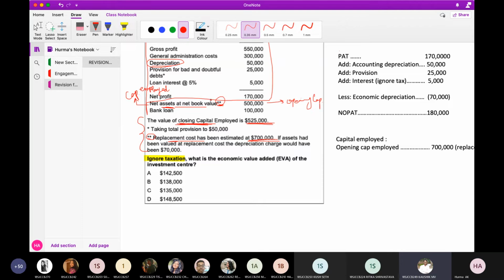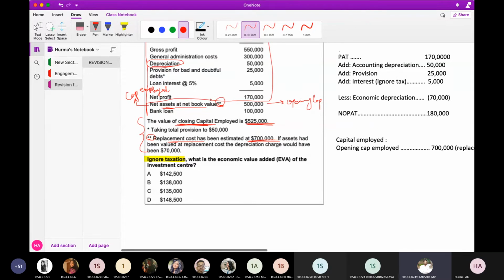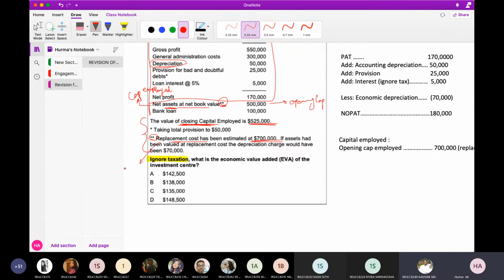But when you sell them off, the replacement cost, the value that you would gain in the market, would be 7 lakhs. Correct. So we'll consider 7 lakhs because that's the actual value that benefits your organization. Exactly. Replacement cost is also called fair value. They might say fair value or they might say market value. It's all the same. Net assets is another name for capital employed.